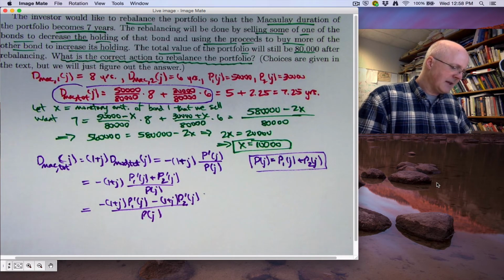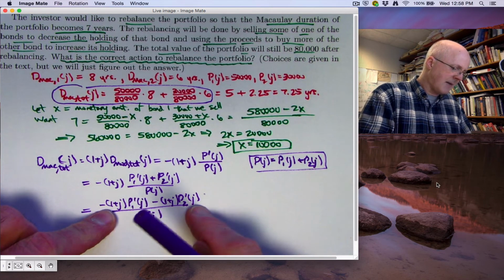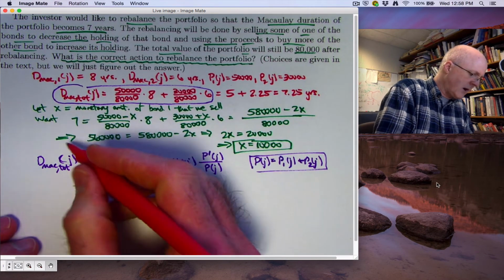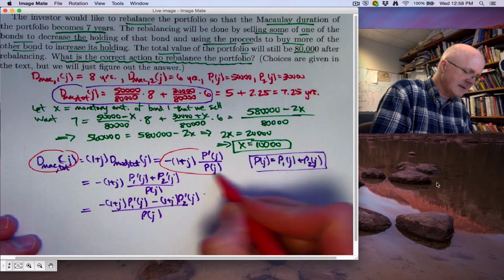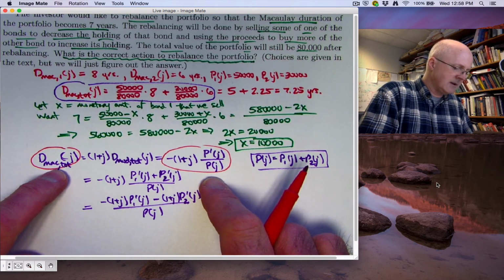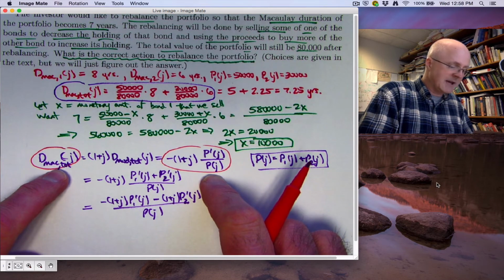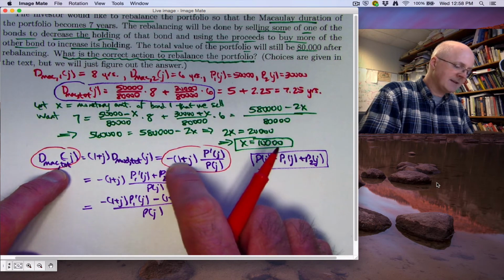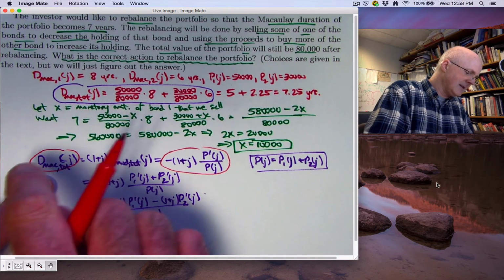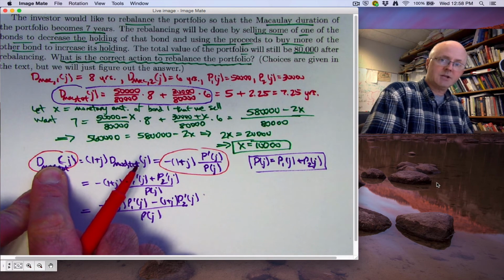And I can relate those products on top with the Macaulay duration. Look at this equation. Look at the equality between this and this. If you were thinking about the total portfolio and you multiply both sides of this by P of j, canceling it on the right side, you would have a negative 1 plus j times P prime of j equaling P of j times the Macaulay duration.